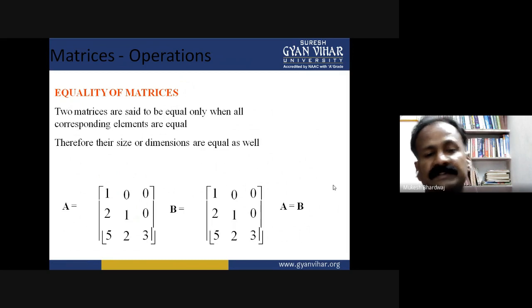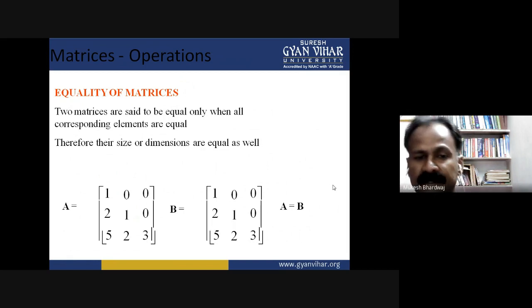For example, if I say that A matrix is 1 0 0, 2 1 0, 5 2 3, whereas B equals 1 0 0, 2 1 0, 5 2 3. So after observing A and B, the orders are the same and the corresponding elements are the same. The element in the first row, first column for A is 1, and first row, first column for B is 1.